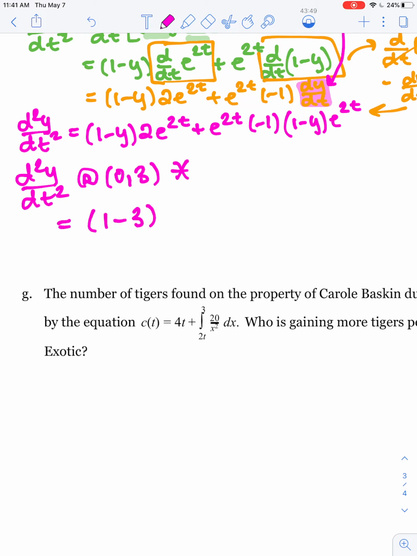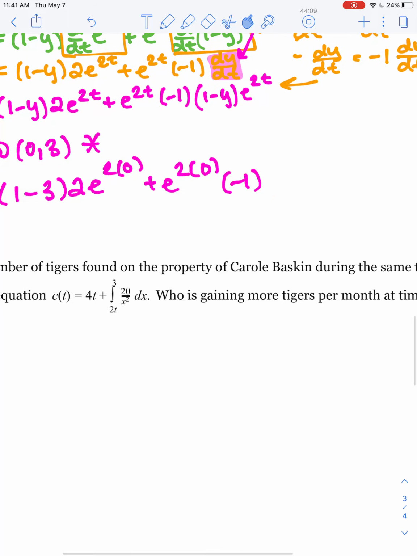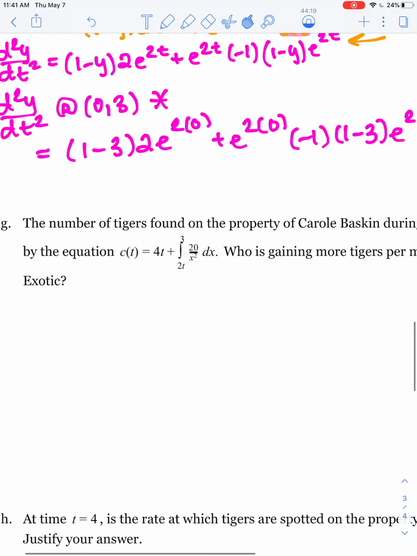We get (1 minus 3) times 2e to the 2 times 0. In this next step, I'll just leave it as it is. I was maybe going to distribute that negative, but I don't want to get myself confused. So we'll have plus e to the 2 times 0 times negative 1 times (1 minus 3) e to the 2 times 0. We want to see what this value is. Is it positive? Is it negative? So we'll clean this up.